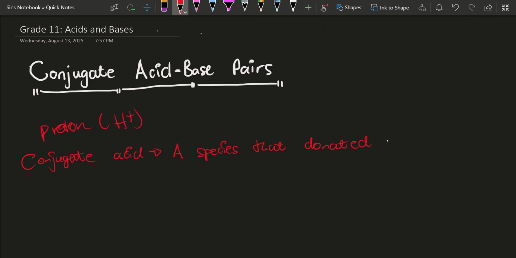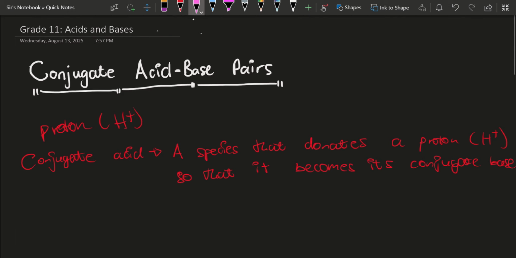So a conjugate acid is a species that donates a proton, H plus, so that it becomes its conjugate base.